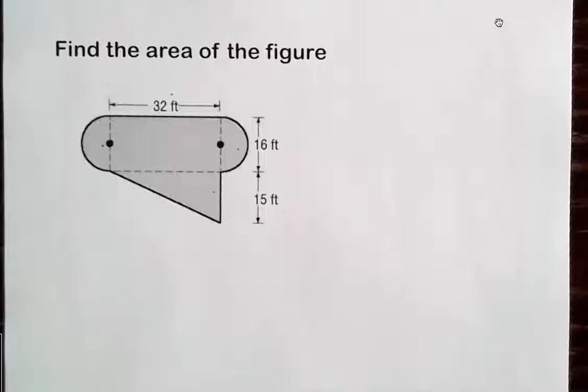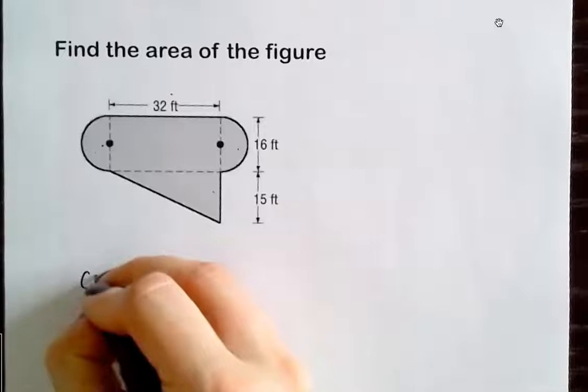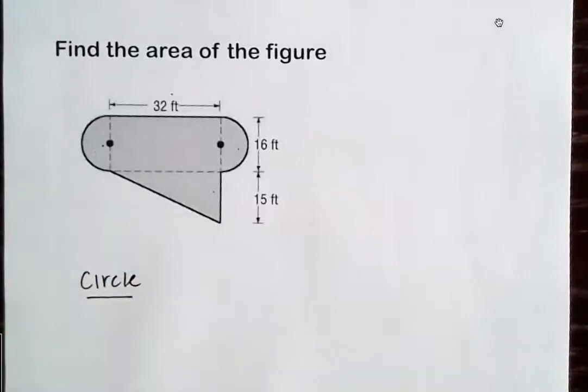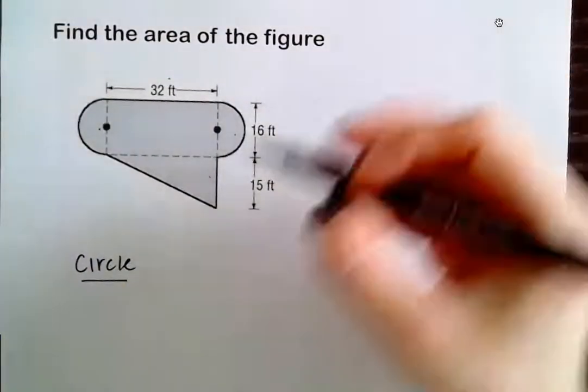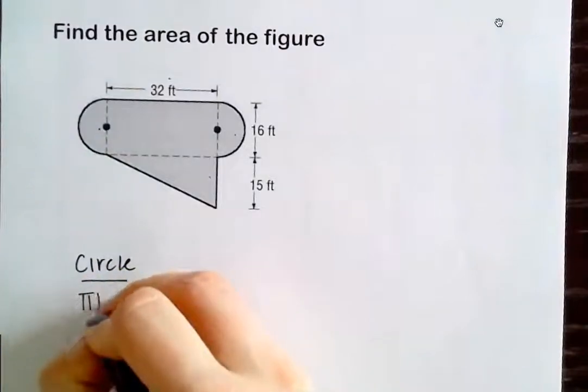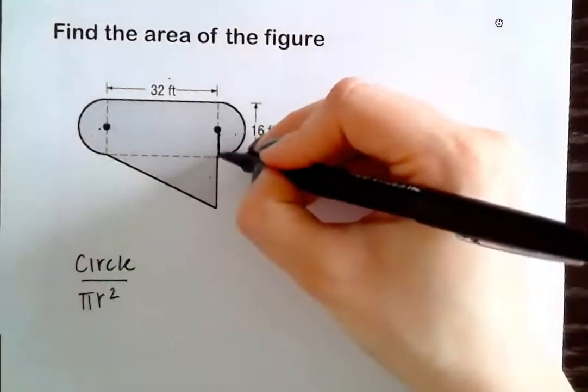Why don't we just do the trapezoid and circle, because it's just one less step, right? So let's start with the circle. Find the area of the circle, right? So our formula, pi r squared. What is my radius?